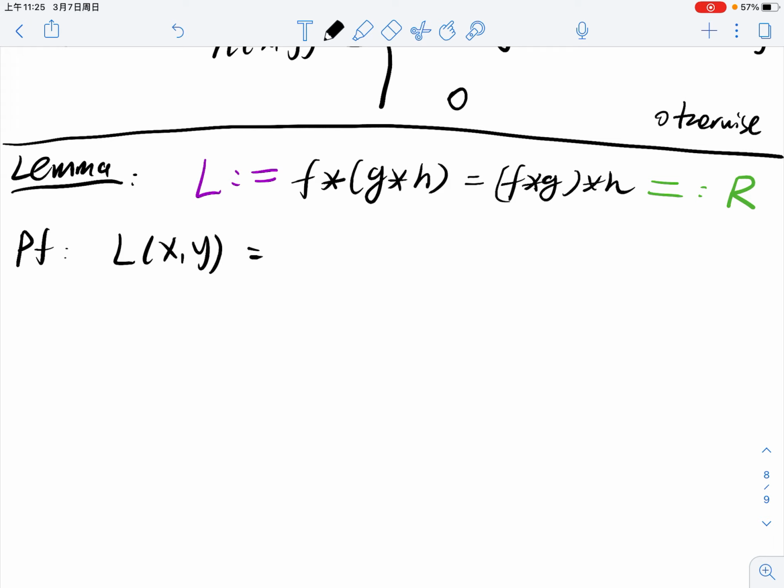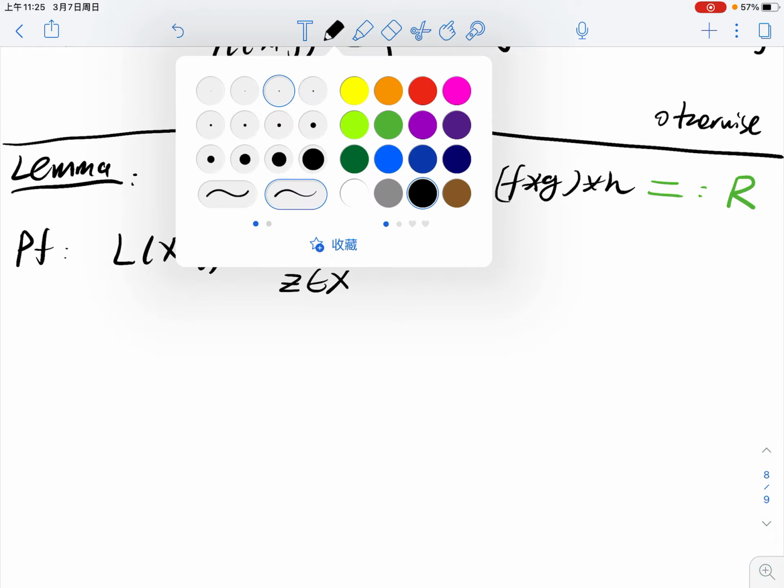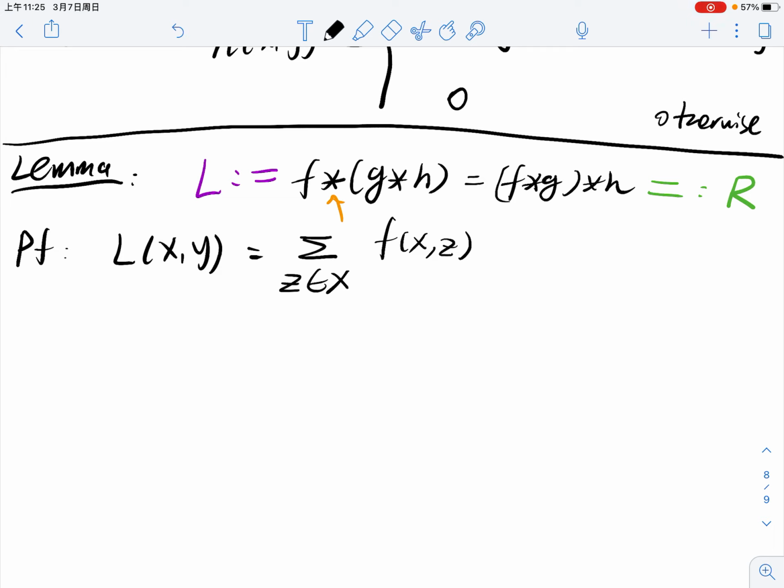And to prove it, you just write down carefully the convolution. So first you compute F star G star H. You first compute this star. So by the formula, you have this.